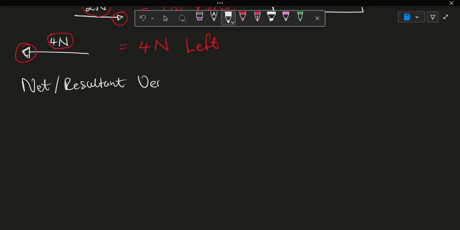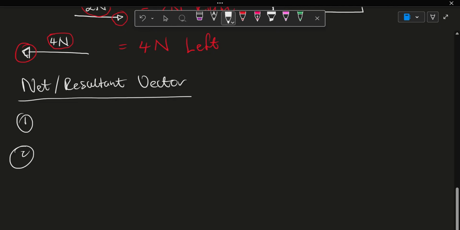The resultant vector. Now, what is a resultant vector? By definition, I'm not going to write it down. It's a bit long, so I'm just going to say it out loud. You have 2 definitions. The first one is a single vector with the same effect as 2 or more vectors acting on an object.